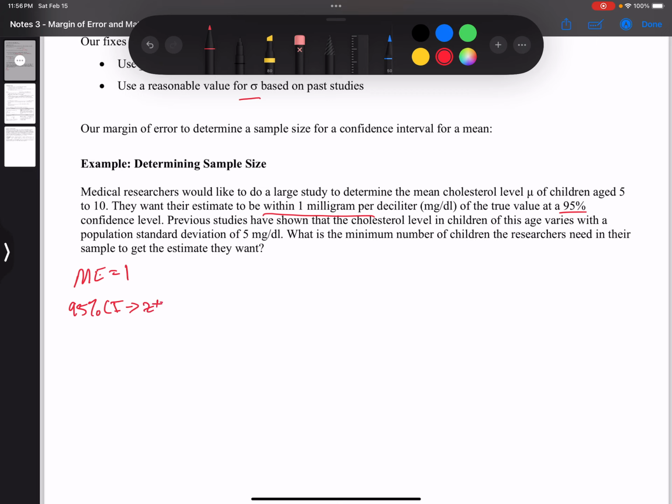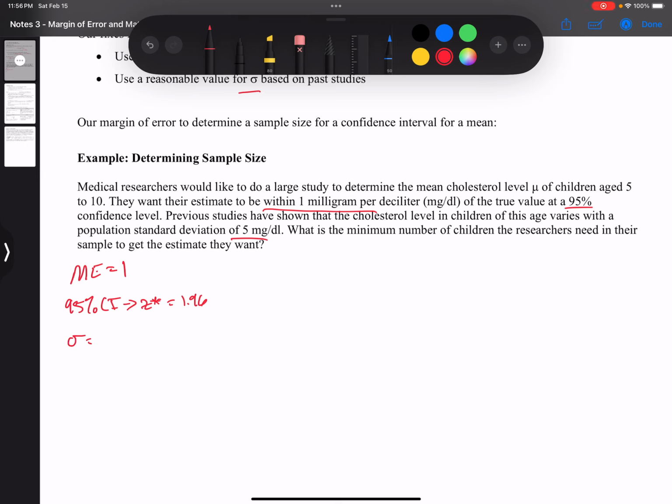And remember, this time we're using z star, which is going to be inverse norm, which is equal to 1.96. Then we're going to need the population standard deviation, and it says previous studies have shown the cholesterol level in children of this age varies with a population standard deviation of 5 milligrams per deciliter. So our standard deviation of our population is 5.